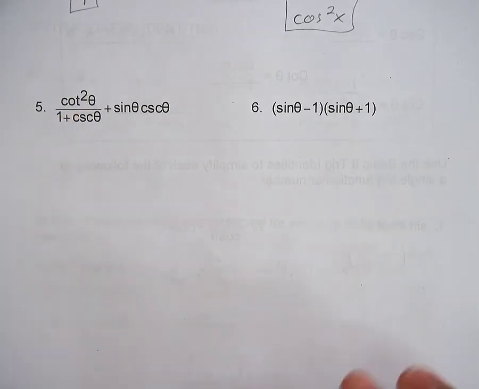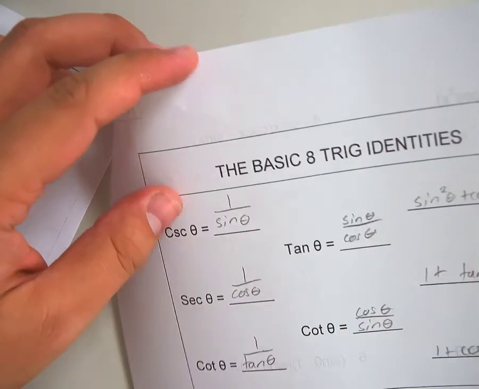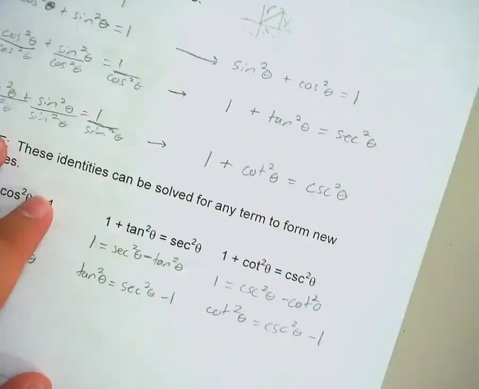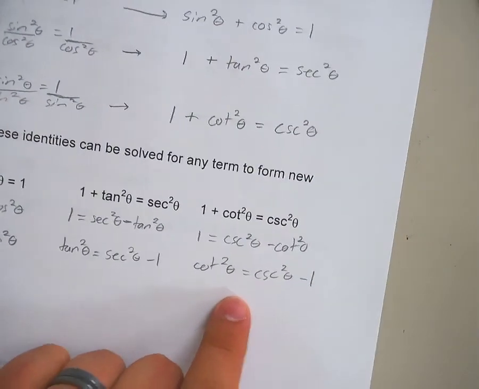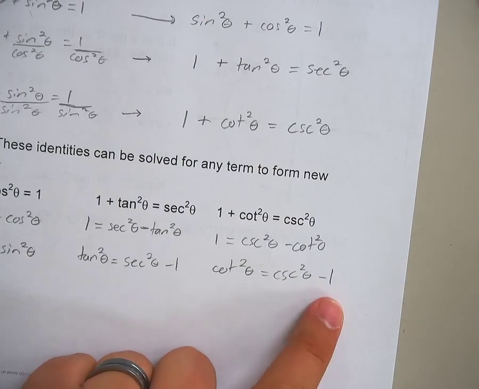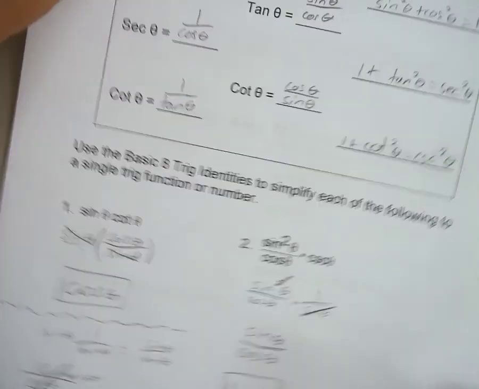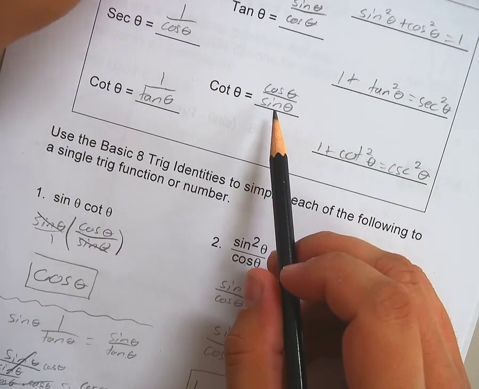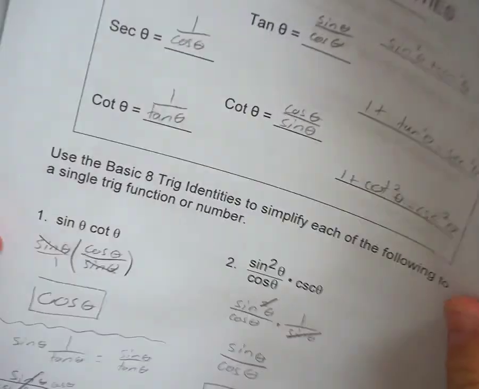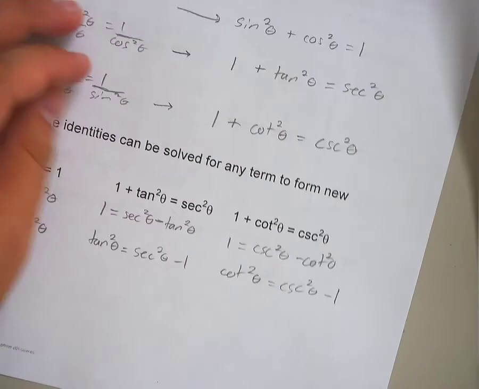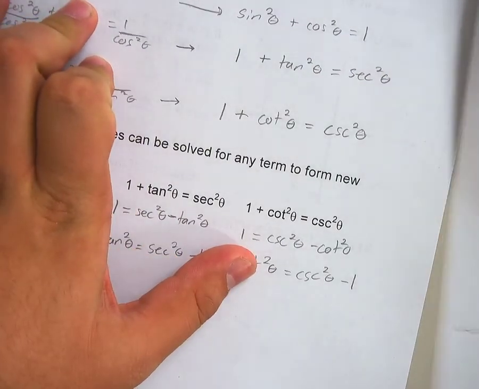Is there something else from over here that I could convert cotangent squared theta to? How about cosecant squared theta minus 1? Because what I don't want to do is change that to another fraction and have a fraction within a fraction. So how about I convert it to cosecant squared minus 1?